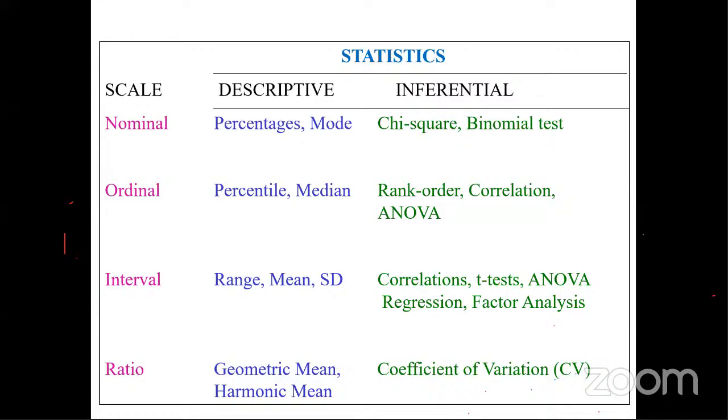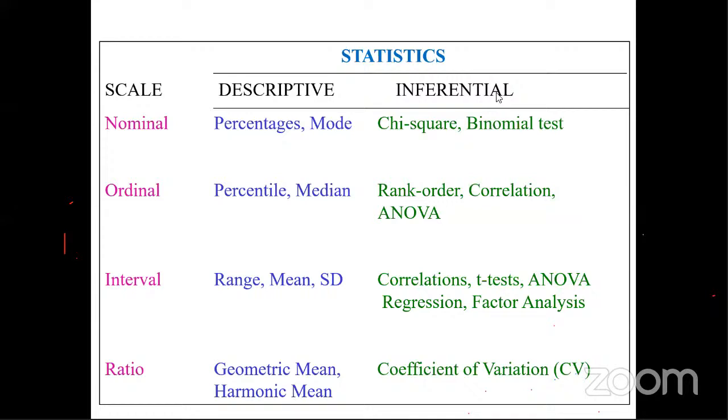I'll be telling you. Descriptive means we are describing the phenomena, describing the things with the information. We are able to only describe; we are not going to do anything else. Whatever the data consists of, we describe with these methods only. Inferential means we are setting up a hypothesis.